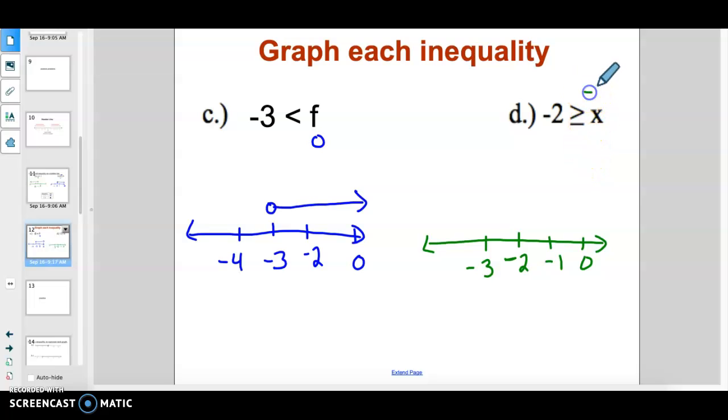If I plug in a negative 3, it's eating the greater number, because negative 2 is greater than negative 3. So since negative 3 is true, we want to graph towards negative 3. This time it had an equal to sign, so I'm going to do a solid dot, and then graph towards negative 3. If I'd plugged in a 0 here, 0 is the greater number and it's not eating that, so 0 would not be true.